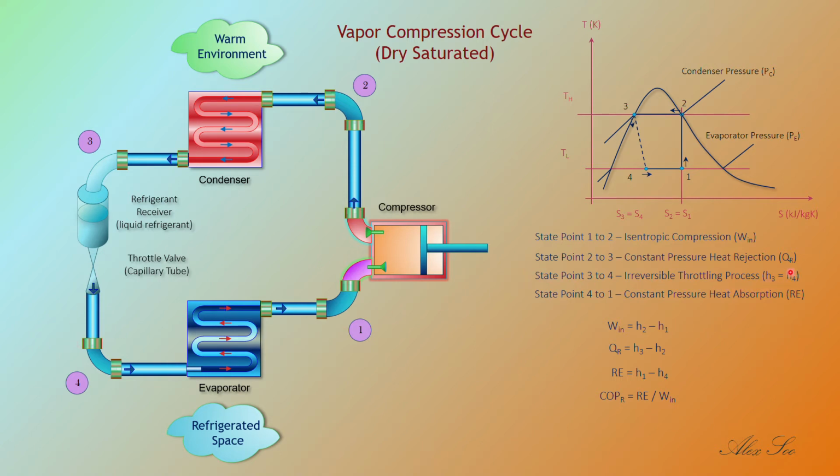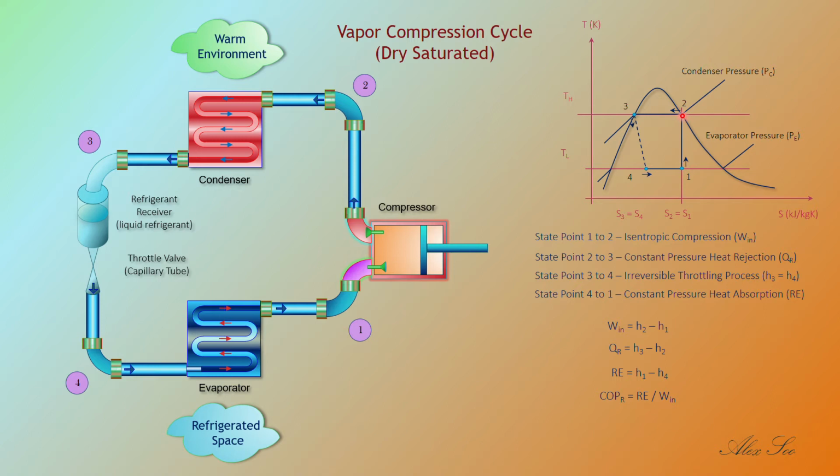So this part here is the irreversible throttling process, where 2 to 3 is a constant pressure heat rejection. And then 4 to 1 is your constant pressure heat absorption, or the refrigerating effect. So simple. Now, when you want to find work in, you just take H2 minus H1.